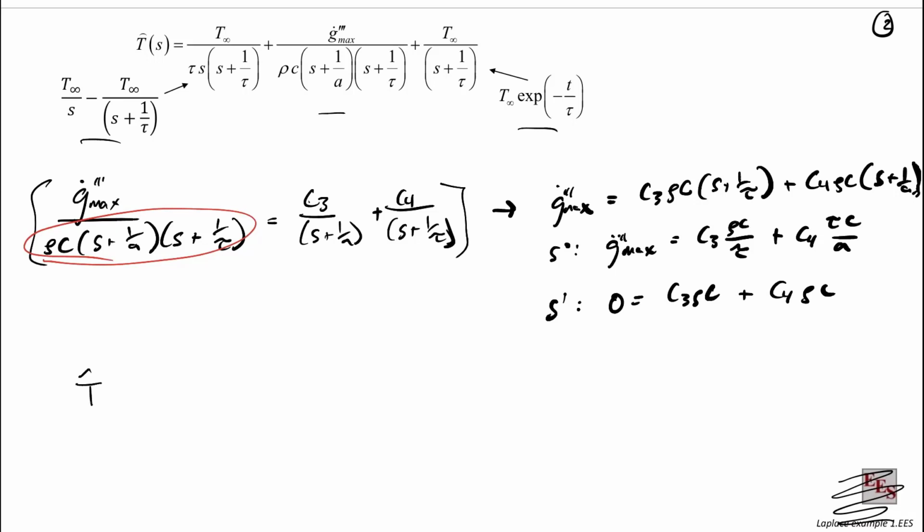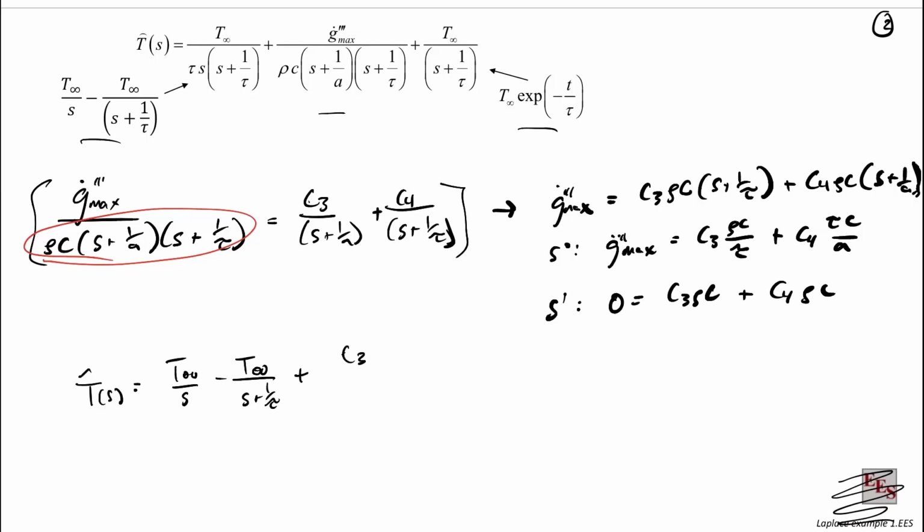So our full T hat, a function of s, the full solution is going to be the first thing we did: T infinity over s minus T infinity over s plus 1 over tau. Then the second term becomes our C3.